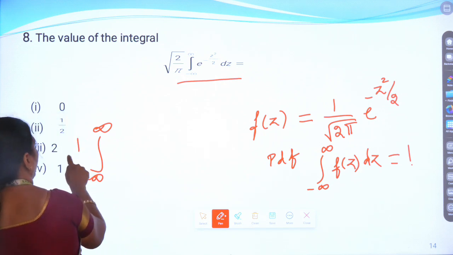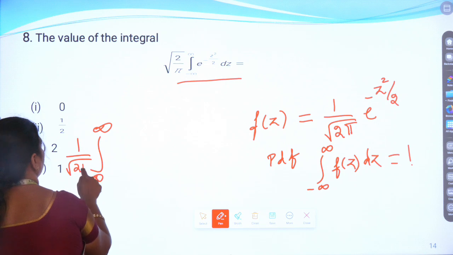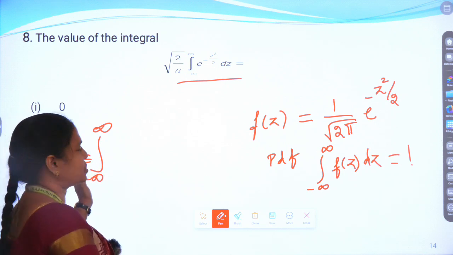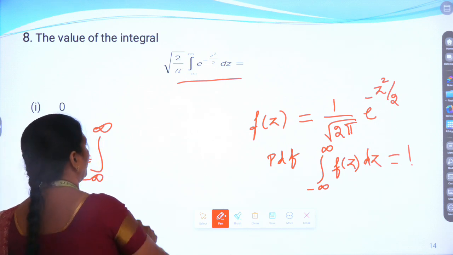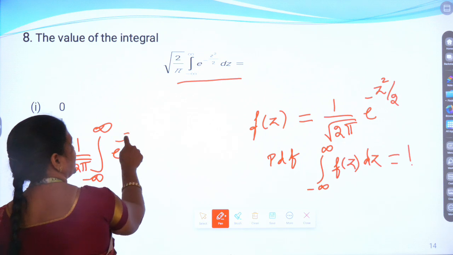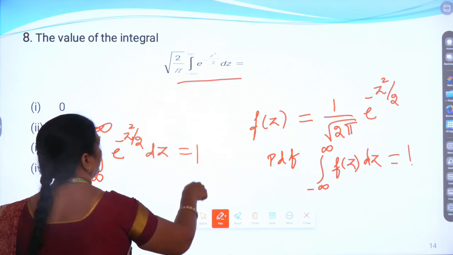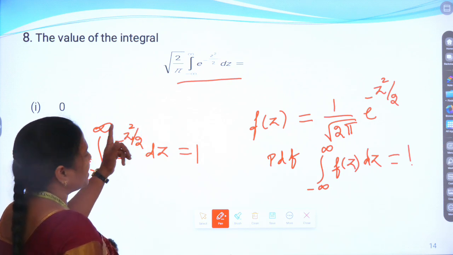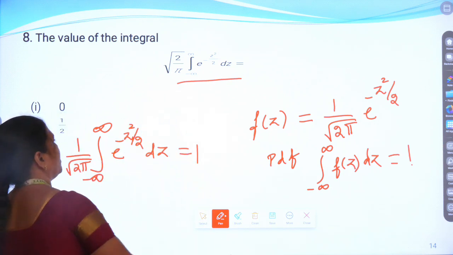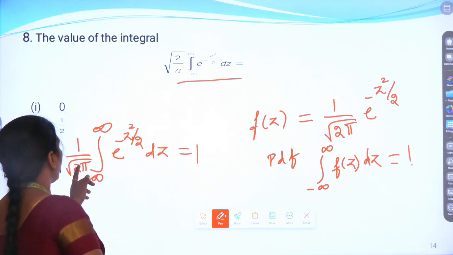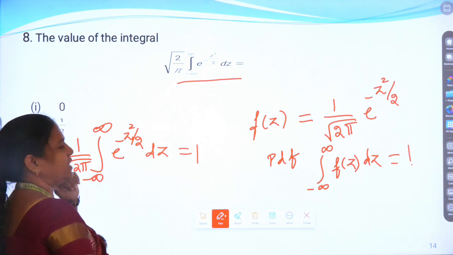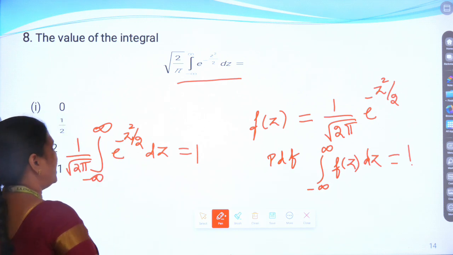So 1 upon square root of 2 pi. Since it is a constant term, we can write it outside the integration. So 1 by square root of 2 pi times the integral of e power minus z square divided by 2 into dz is equal to 1. But they ask you to find the value involving square root of 2 pi. Instead of 1 by square root of 2 pi, they have given square root of 2 by pi.